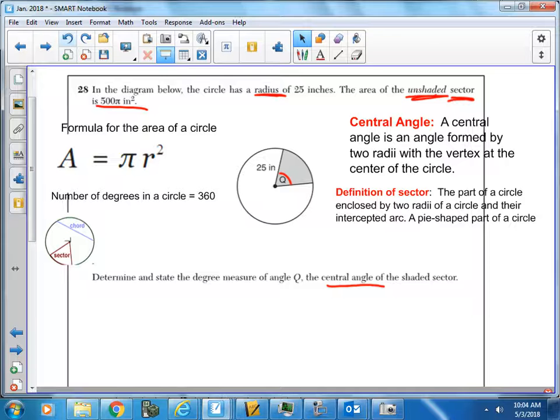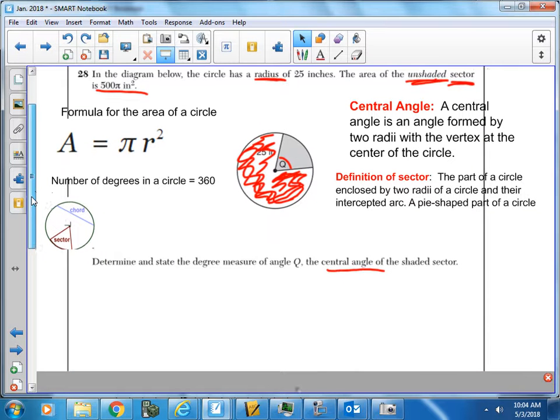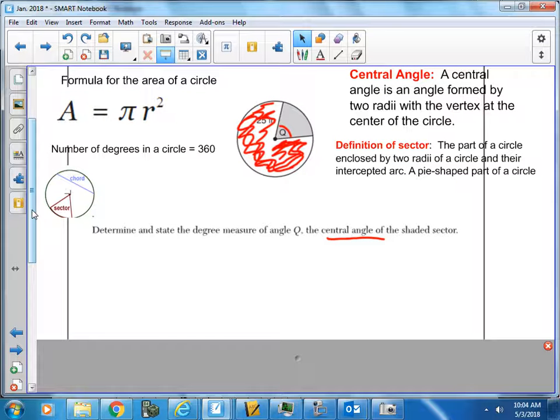All right, so it actually tells you the area of the unshaded sector. The unshaded sector would be what I am outlining in red, and the shaded sector obviously is the other part. Now, what I think would be helpful in this case is to find the area of the entire circle.